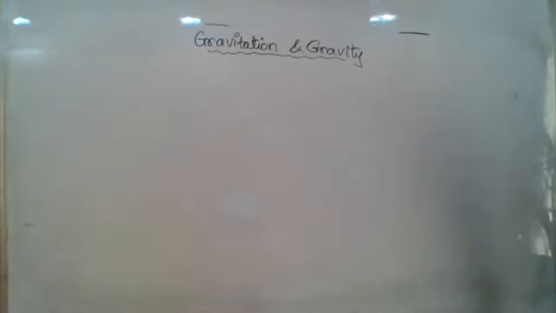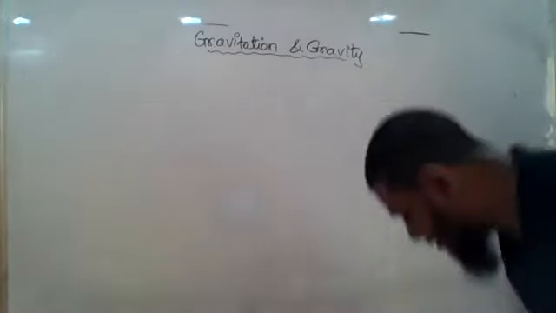Correct? Okay. Now the unit and the dimension will all be the same as acceleration. And then we actually derive an equation for this acceleration due to gravity, that is g. Let us see how it is.